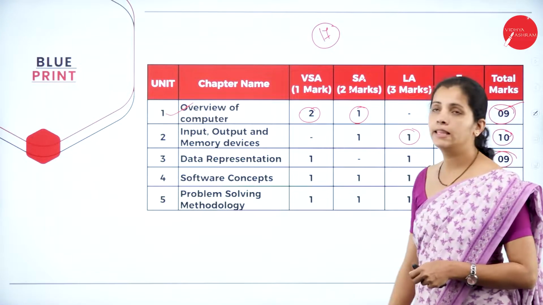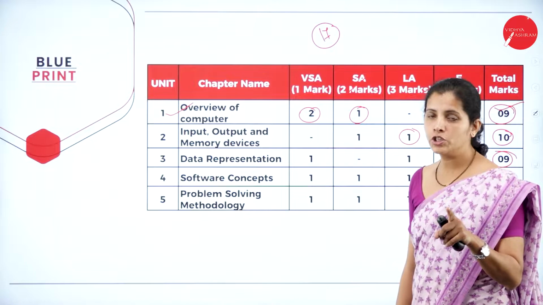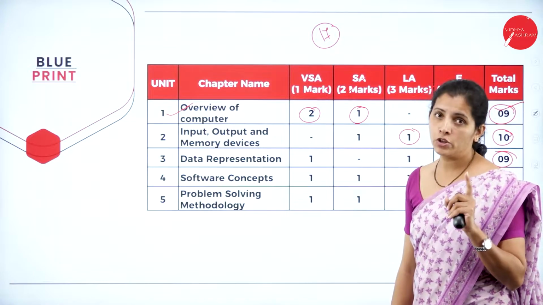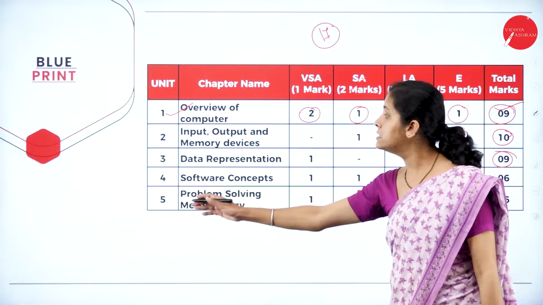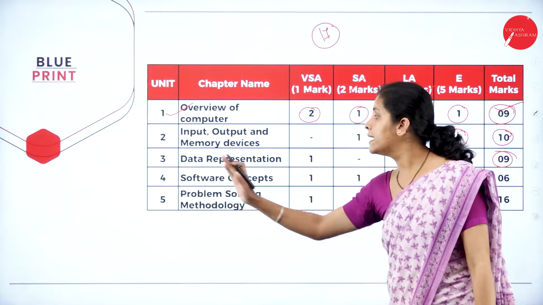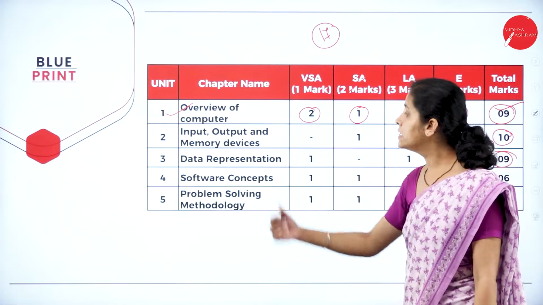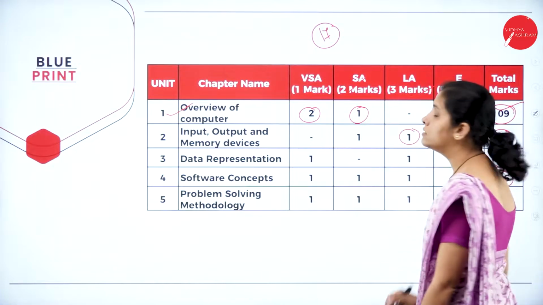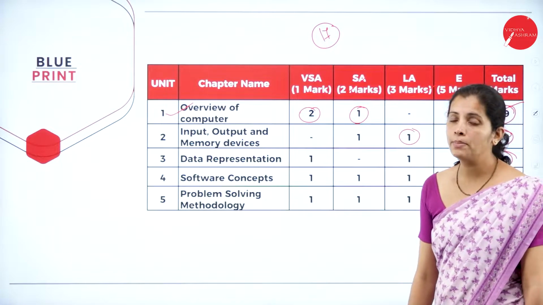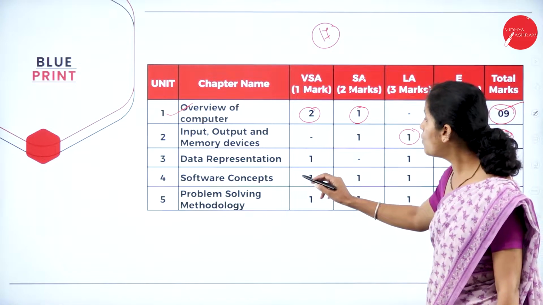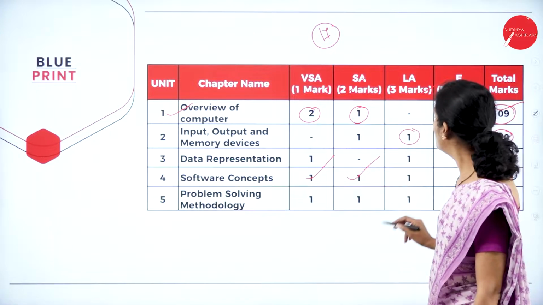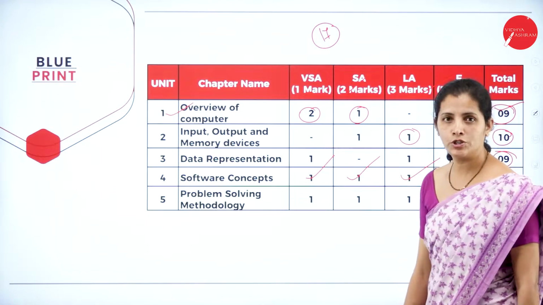It is 9. That means 1 1-mark question, 1 3-mark question and 1 5-mark question. Now if I consider chapter 4, then the chapter name here is software concept. The marks allotted for this chapter is 6. So I can answer one 1-mark question, one 2-mark question, one 3-mark question.